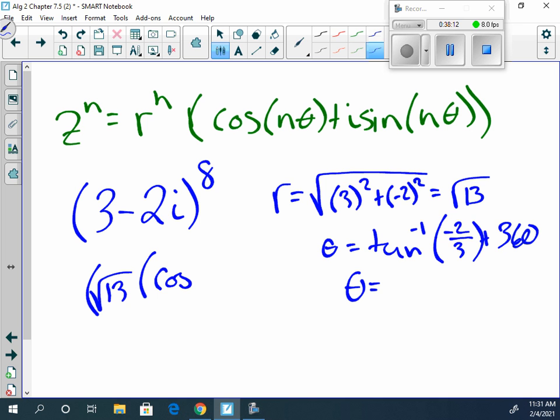Tangent inverse of negative 2 divided by 3 is going to be negative 33.69. If we add 360 to it, we can do that because it is in the correct quadrant. So 326.3.